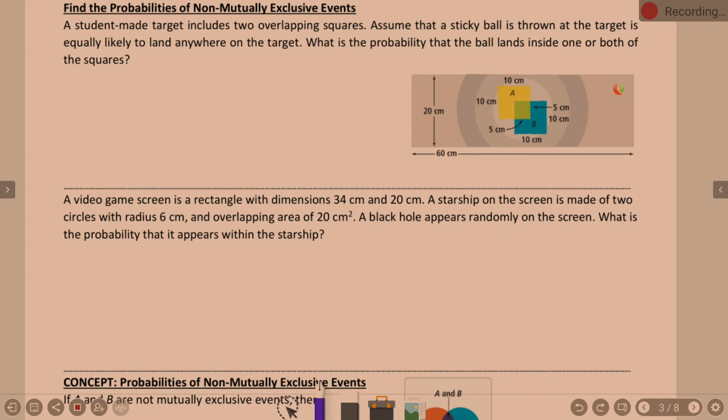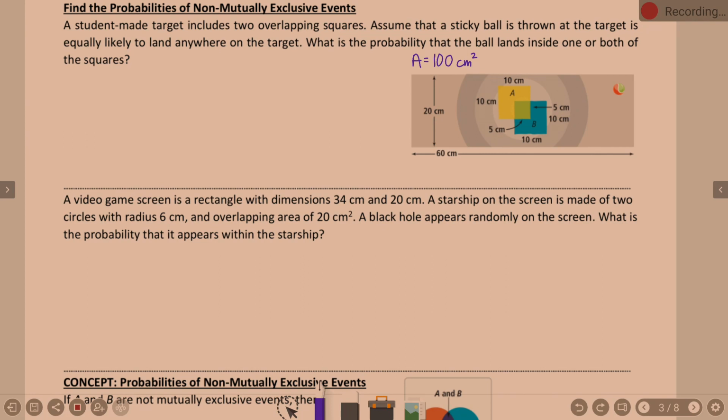So how about square A? How do we do the area of square A? Area of square A is 10 times 10, because to do the area of a square, it's side times side, right? 10 times 10, which is what? 100, I'm going to say square centimeters, yes?